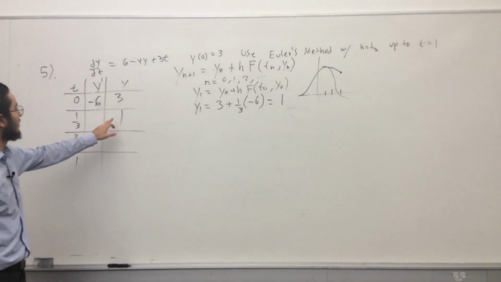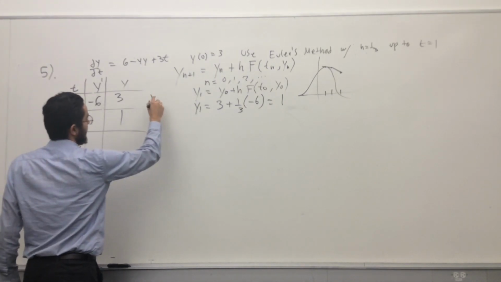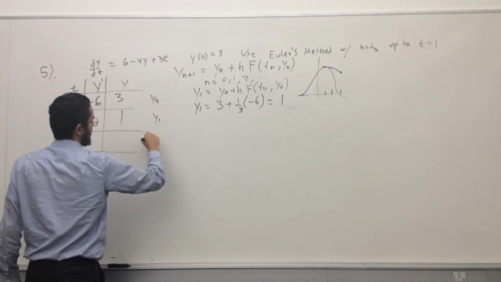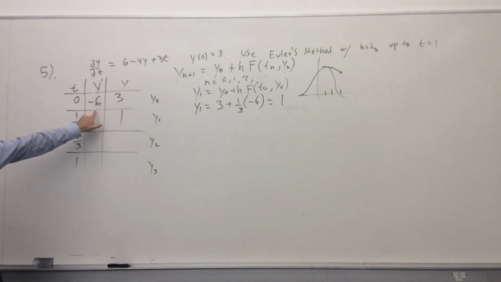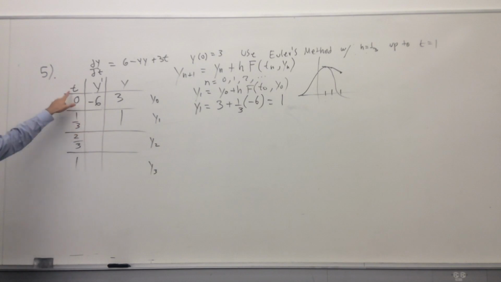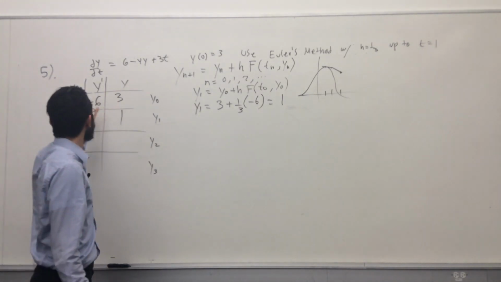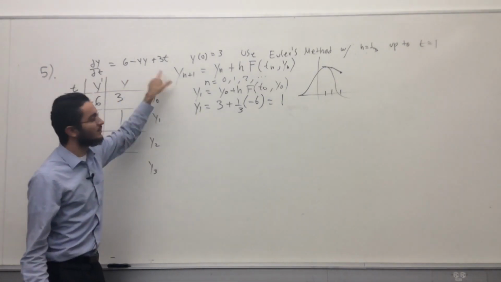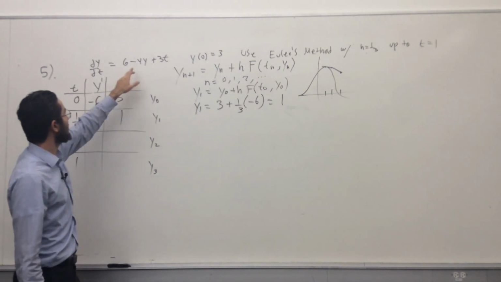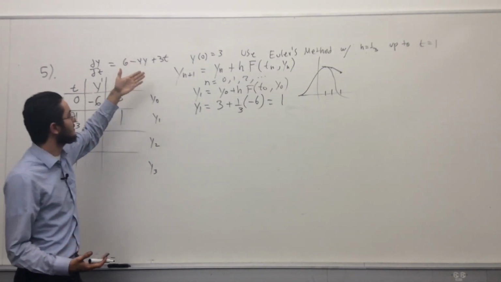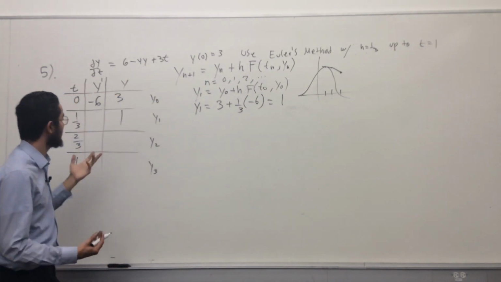So y1 is going to be 1. Let me just label this: this is y0, y1, y2, y3. Now what's the derivative evaluated when t equals 1/3 and y equals 1? Well, when t equals 1/3, 3 over 3 is 1. And when y equals 1, we got negative 4 plus 6, that's 2. And then we have 2 plus 1, which is 3.